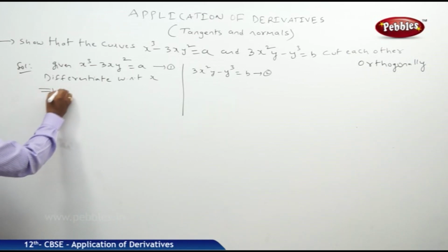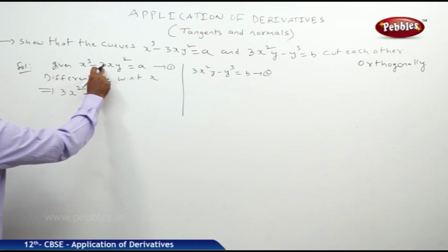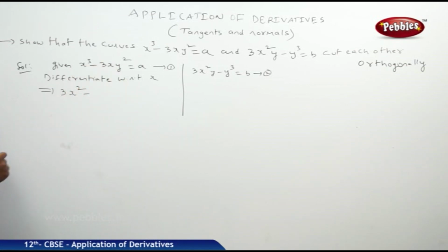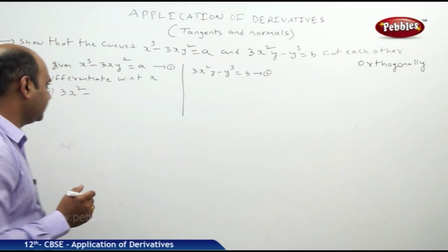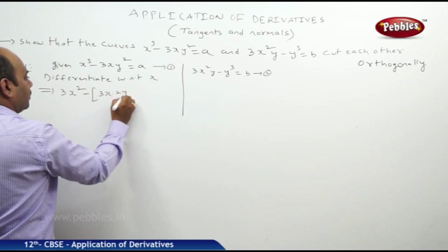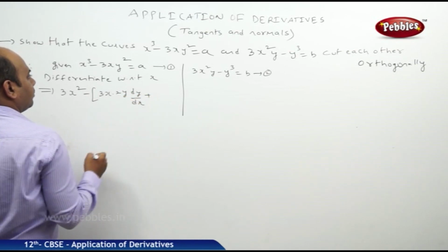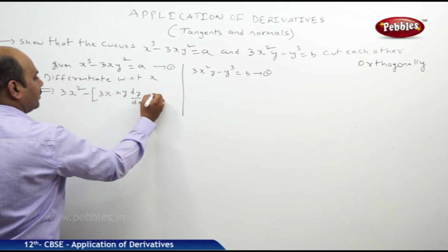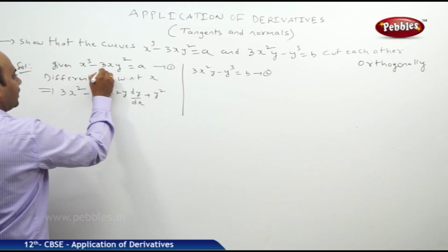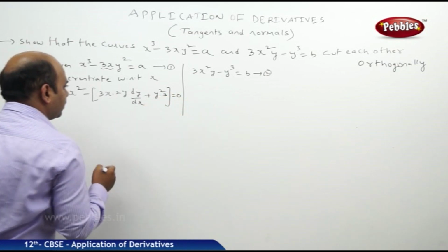The derivative of x cube is 3x square, and here 3xy square is there, so we need to apply the UV rule. 3x into y square means 2y into dy by dx, plus y square into the derivative of 3x, which is 3, and this is equal to 0.